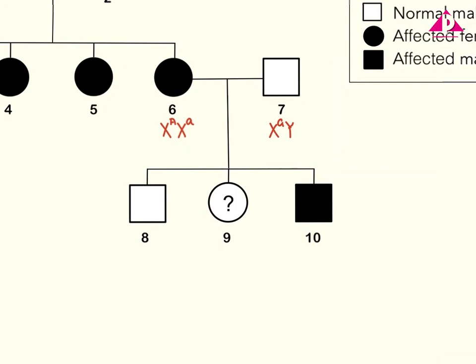Individual 9 is a female. She must receive an X chromosome from each parent. She will receive an X^a from individual 7 and an X^A or an X^a from individual 6. Therefore, her genotype may be X^A X^a or X^a X^a.